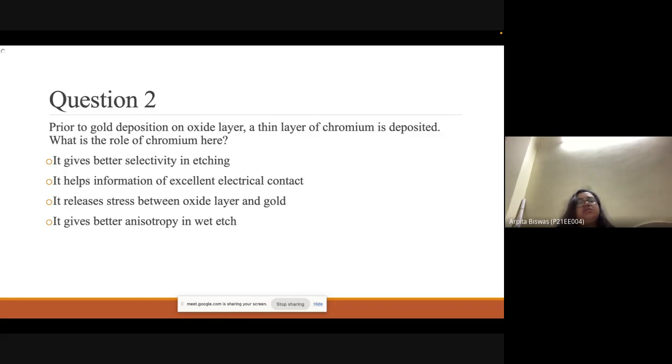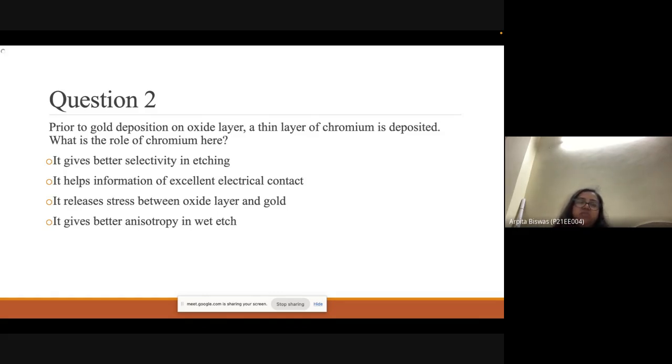So what is the right answer? Question number two is, prior to gold deposition on oxide layer, a thin layer of chromium is deposited. So what is the role of chromium here? When you are going for the contact deposition, like the chrome gold, then what happened?